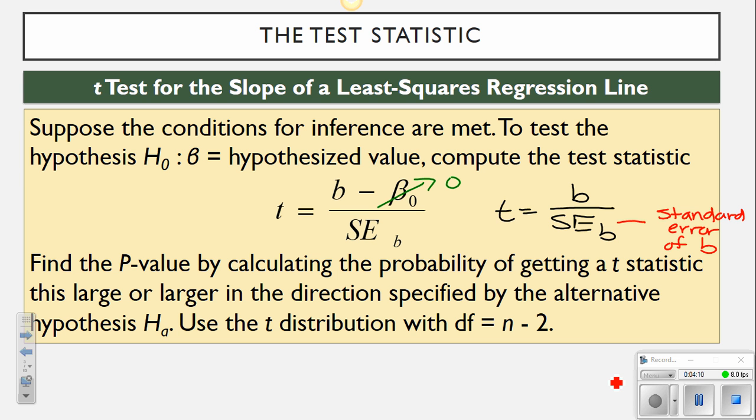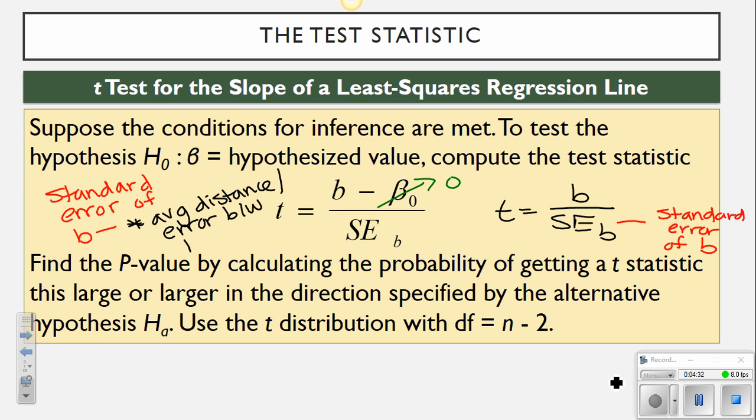Standard error of slope. It's going to be the average distance, or error, between b and beta. That's generally what that is.